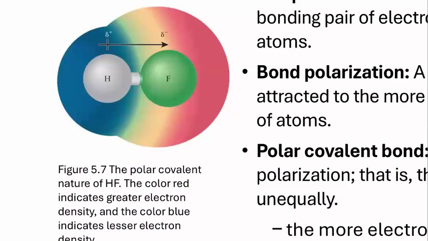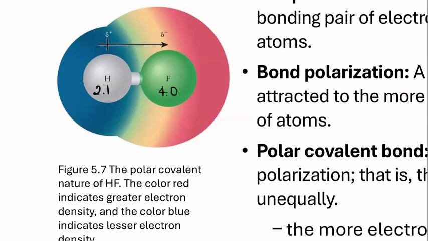If I assign the electronegativity values, based on the values in the periodic table in the previous slide, hydrogen has an electronegativity value of 2.1. Fluorine, on the other hand, has an electronegativity value of 4.0.